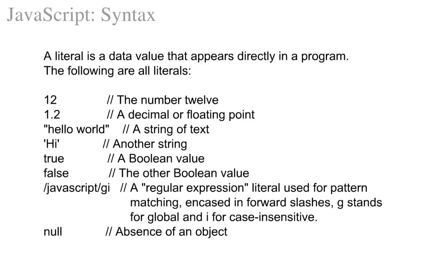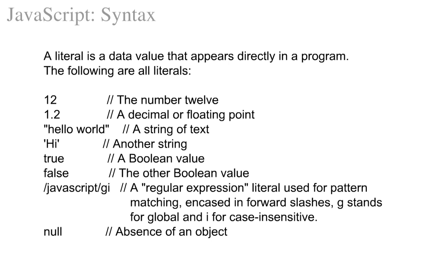Now for some of the vocabulary. A literal is a data value that appears directly in a program. The following are all literals. 12 for the number 12, 1.2 a decimal or floating point. In double quotes, "hello world" is a string of text.